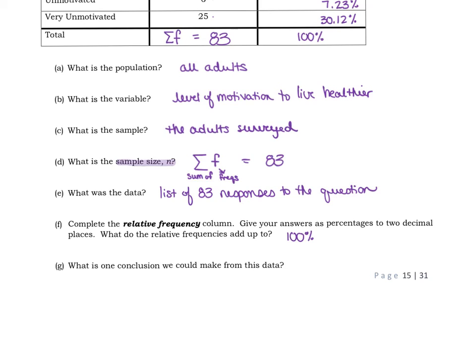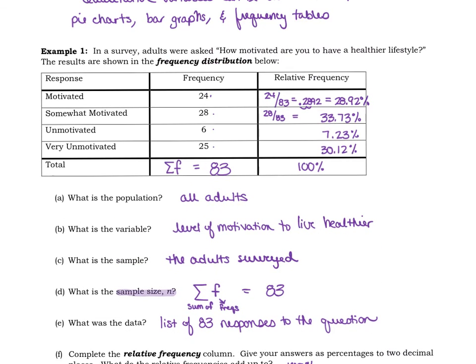Okay. And then what is one conclusion we can make from the data? So again, looking back at the table, what is something you can say? Okay. You can certainly look and say, the majority of people are motivated on some level to live a healthier lifestyle, because if you add up the motivated and the somewhat motivated, we're talking more than 60% of the people.